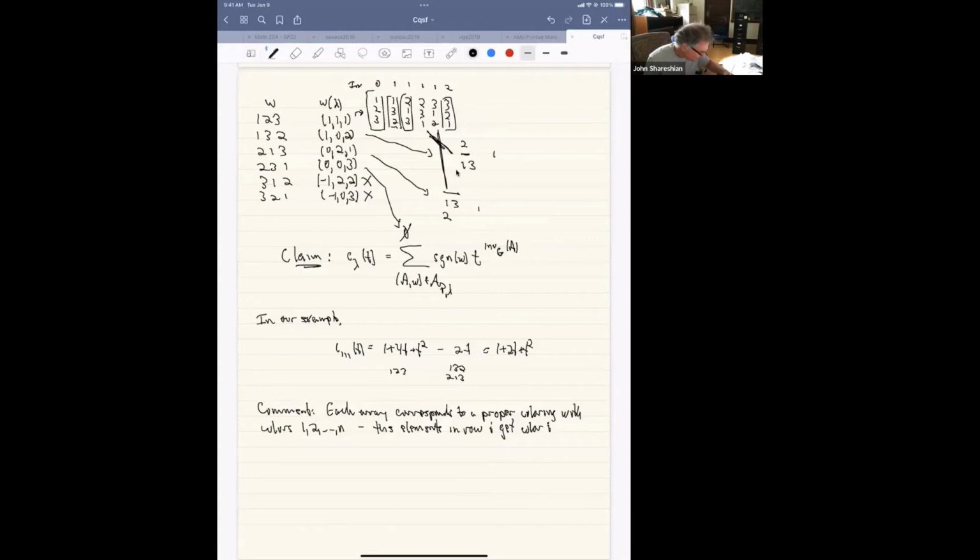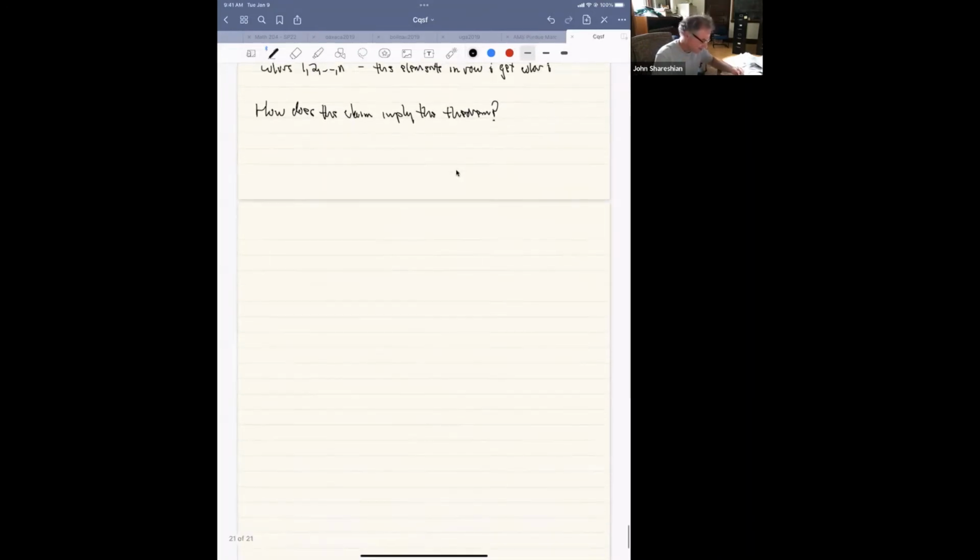So how does the claim imply the theorem? Well, it implies it just like I said, right? So here's a first observation. If I take one of these legal tableaus, then with the identity, it becomes a legal array.